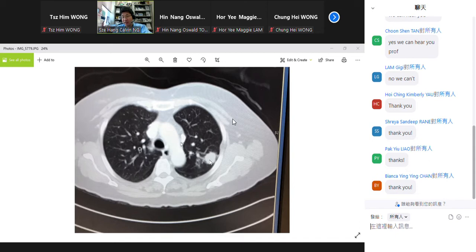So that's a possibility. And then an even rarer complication that you may not be aware of or have heard of: air embolism. Do you know how that occurs?